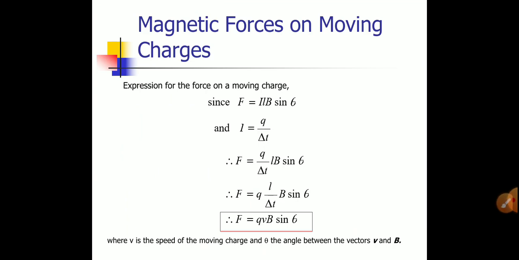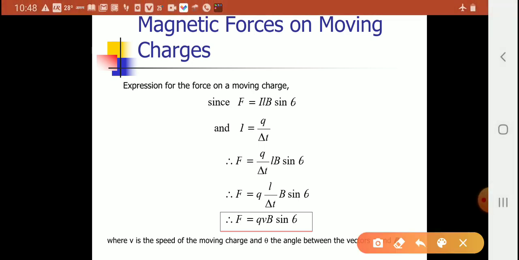Magnetic force on a moving charge is expressed as F equal to ILB sin theta, and in which case we generally calculate F equal to QVB sin theta, right? Where V is the speed of the moving charge and theta is the angle between the vectors B and V.